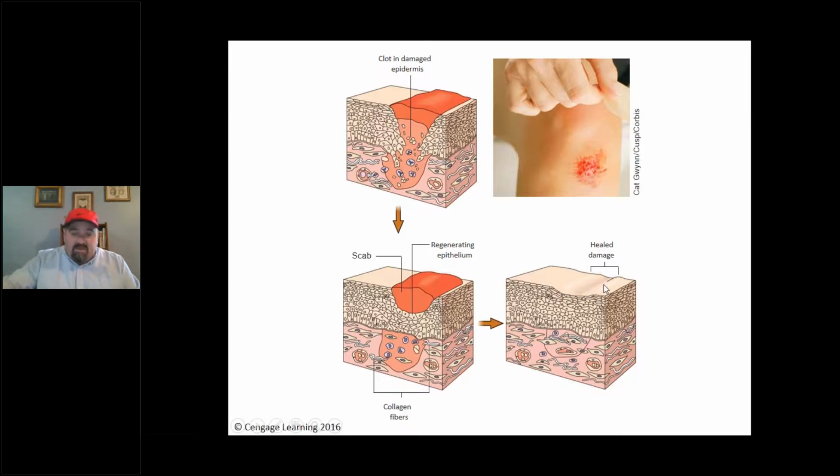Also understand that the scab is an important part of the whole healing process, and removing the scab really doesn't help matters. But how many of us have a scab there and think, oh, I just got to pick at it, and then you start more bleeding. You're not helping yourself. So don't pick at the scab. It's not a good thing.